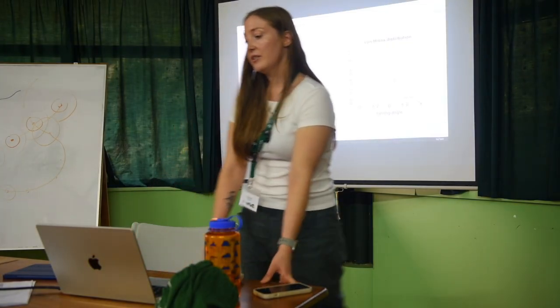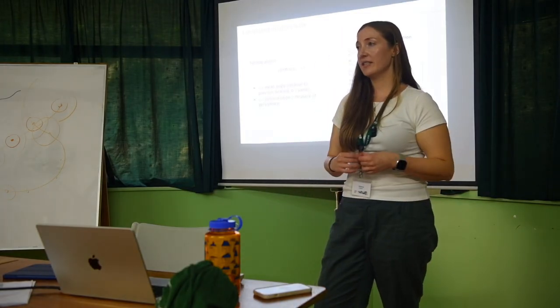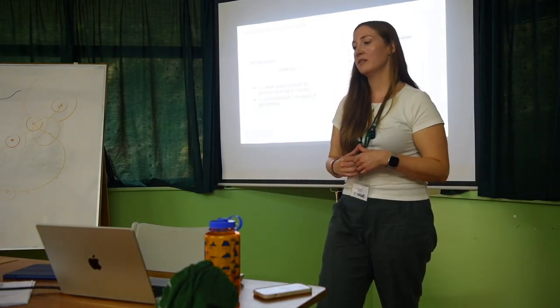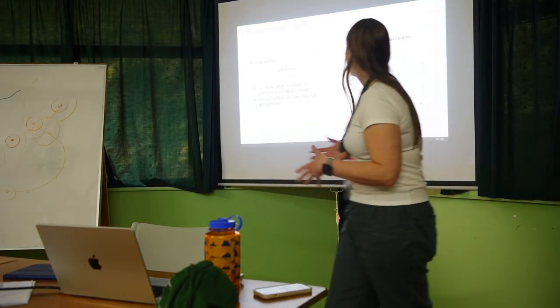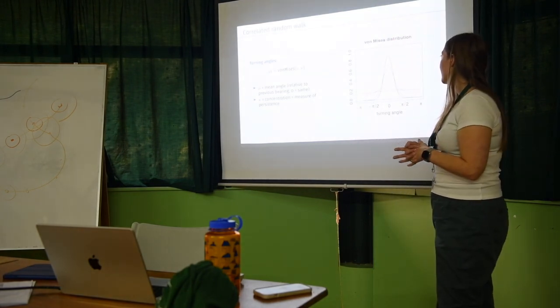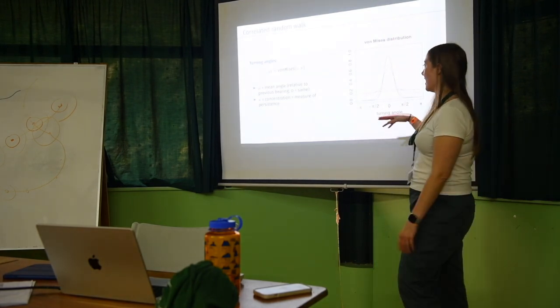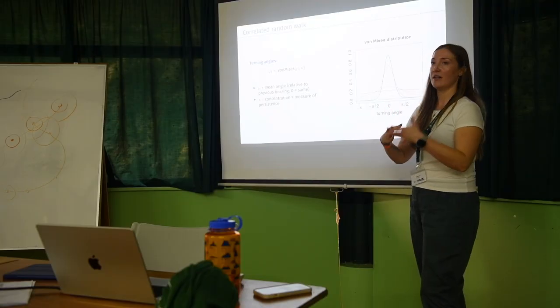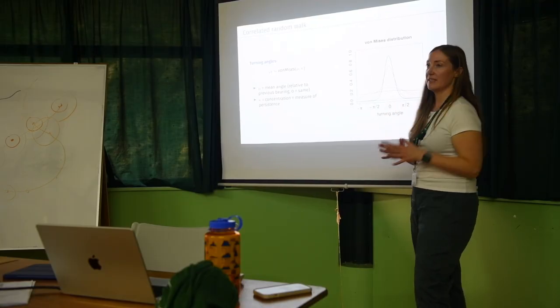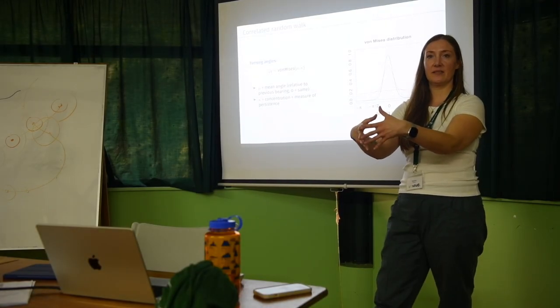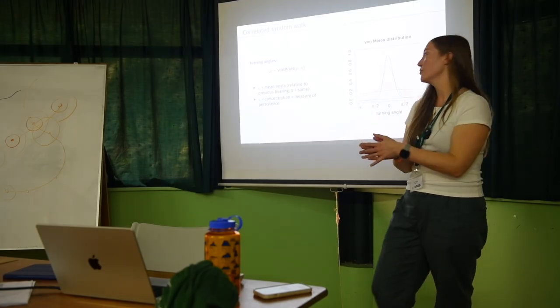And for turning angles, a really common model is the von Mises distribution. There are two parameters for the von Mises distribution. There's a mean, which is going to be the mean turning angle. When it's at 0, that means that they're going in the same direction that they were at the previous time step, so it's directional persistence.